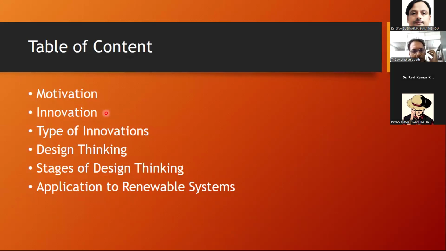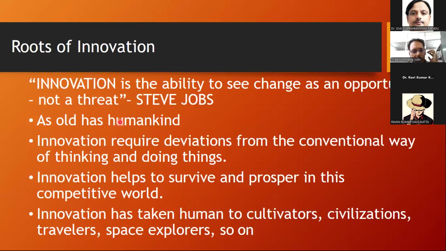Now, innovation, as said by the famous industrialist Steve Jobs, is the ability to see change as an opportunity and not a threat. Daily, a lot of changes are happening in the market and in the world. Power plants are going off, and PV panels and wind turbines are coming up.